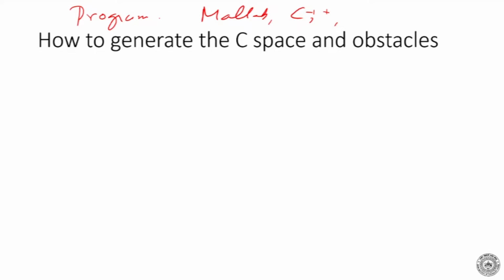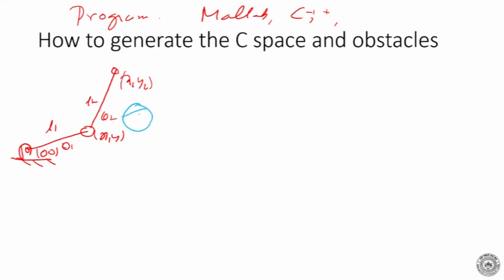What is the logic here? We have this two-link manipulator which has two links, L1 and L2. This is the point 0 0, this is x1, y1, this is x2, y2. That's my theta 1, that's my theta 2. And suppose there is an obstacle here.